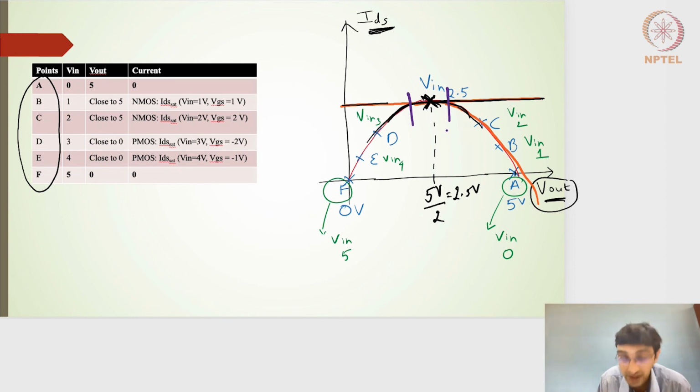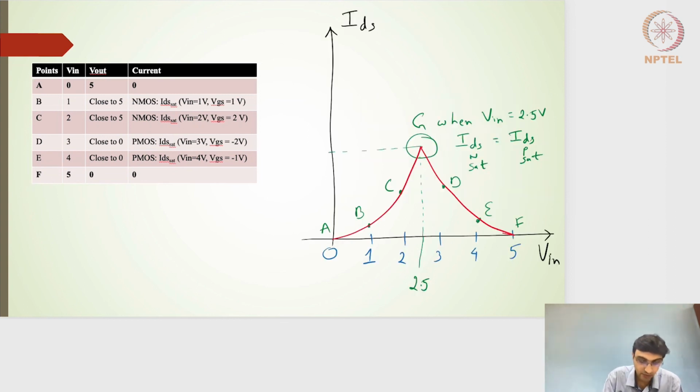For an input of 2.5 volts, I'll get a series of points around this 2.5 volts. That is, if I'm changing the input voltage from 0 volts to 1 volt to 2 volts to 2.5 volts to 3 volts and so on, I'll get the series of saturation points, or the transition region, where the output voltage goes from 5 volts to 0 volts. That is something we will see now.